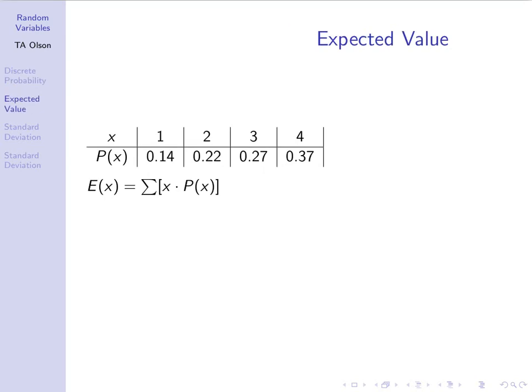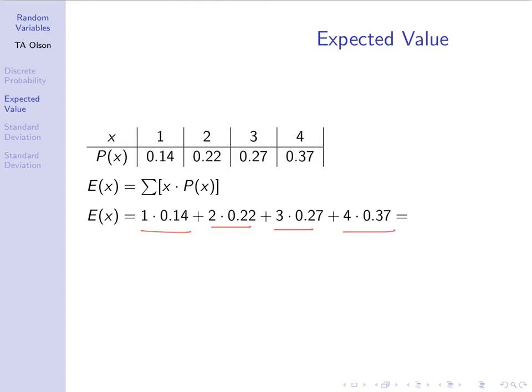All right, so how do we calculate the expected value? Well, we take our value x, multiply it by its probability, and then we add all of these up. So we take 1 times 0.14 plus 2 times 0.22 plus 3 times 0.27 plus 4 times 0.37. It's going to look like this. So here's a calculation of the expected value of this discrete probability distribution.